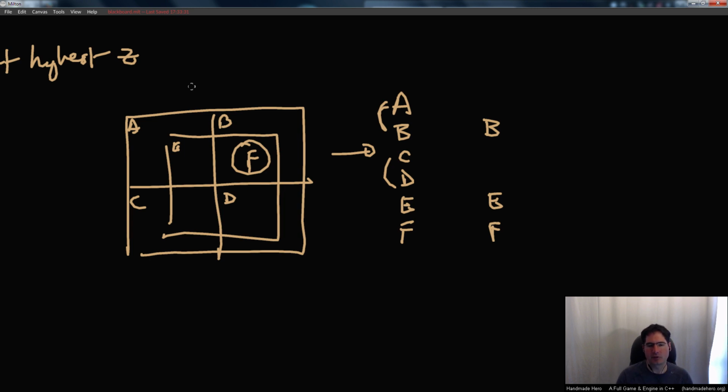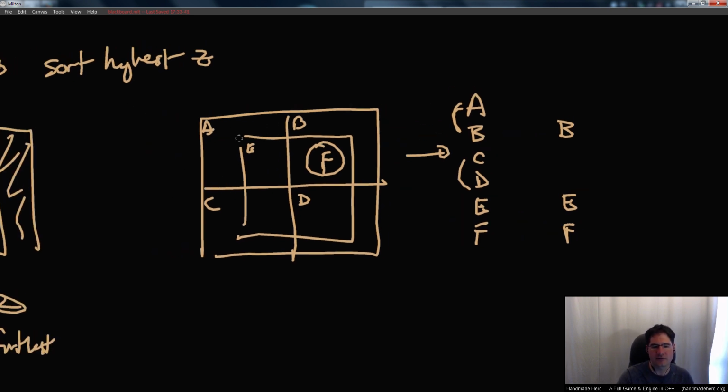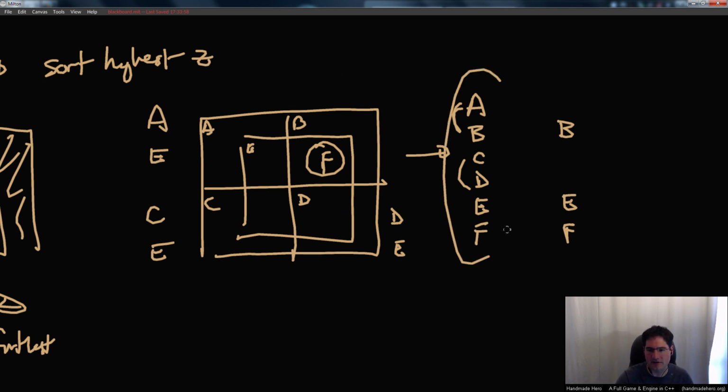The problem comes when we're trying to figure out what happens in A, C, and D. There is a single sort order for how these things have to be drawn, but each individual tile sort could have, in theory, produced something different. So although this tile sort is AE, and CE and DE, inside each of these, that sort can all be represented here, right?